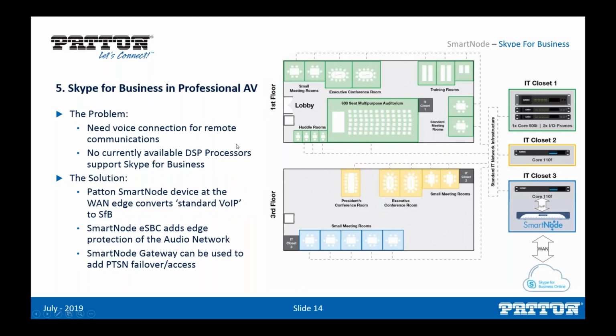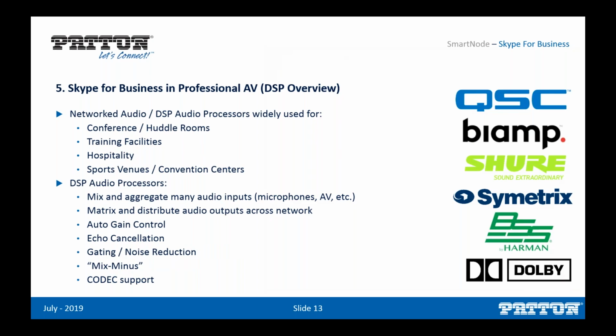These systems are, yeah, so you can see it's a big facility with lots of conference rooms. That's an actual use case for a QSC system. If you go back to this slide real quick. Okay, so these systems are used in conference room huddle rooms, which is a huge part of the AV industry right now.